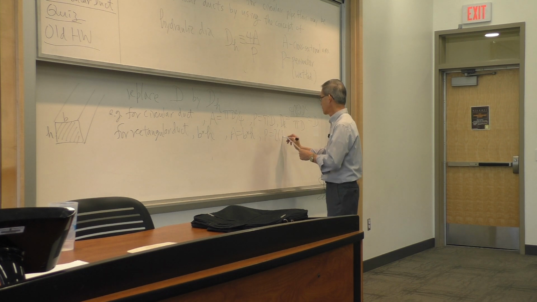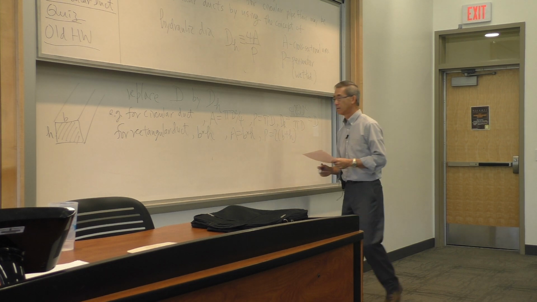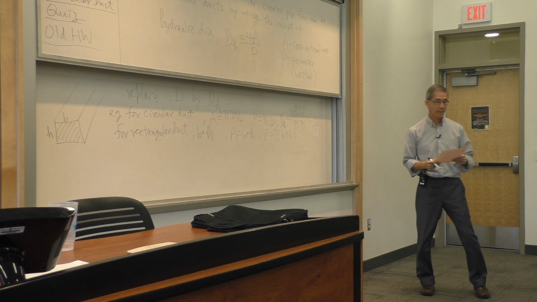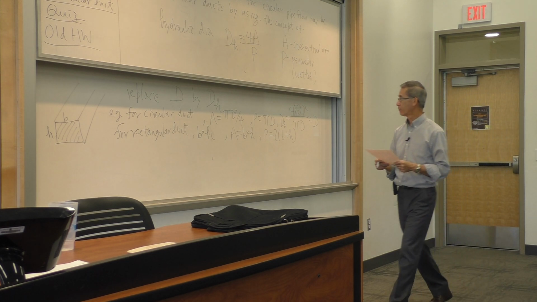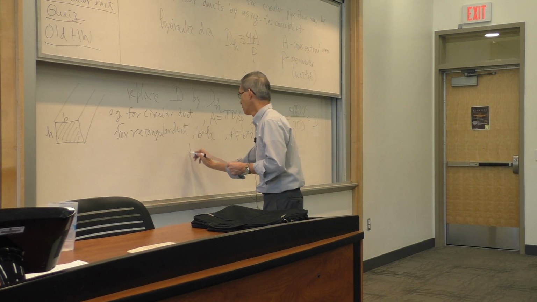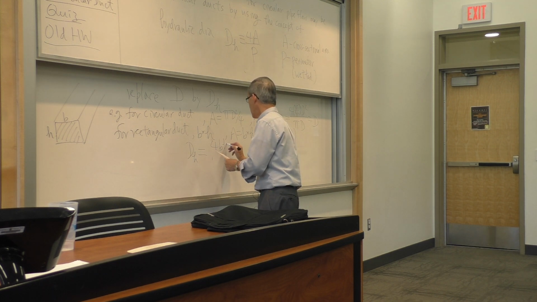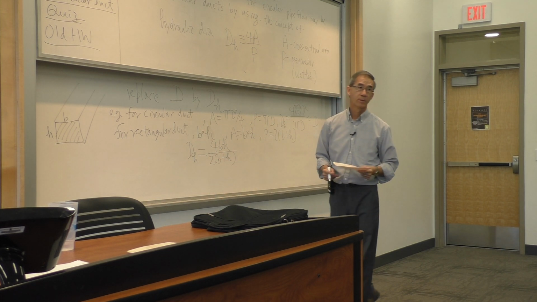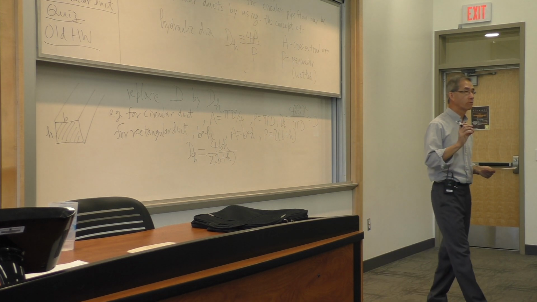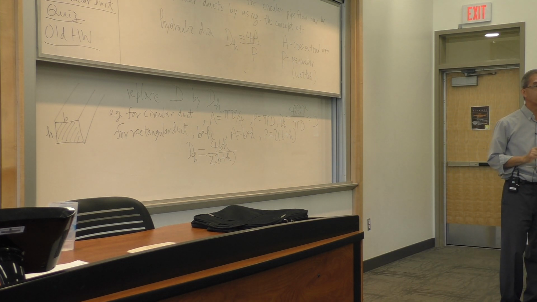Perimeter is 2 times the width and the height added together. So now I have from that a hydraulic diameter for a rectangular duct, based on that definition. So you will calculate now an equivalent hydraulic diameter and use it to replace the diameter for the circular pipe.